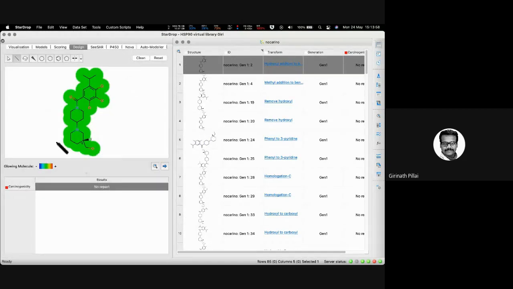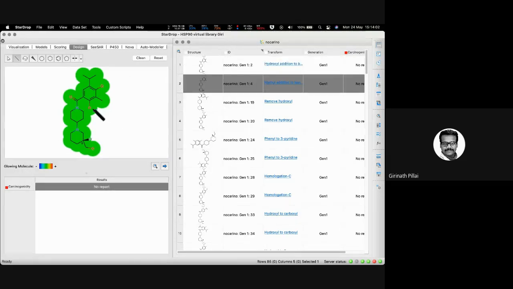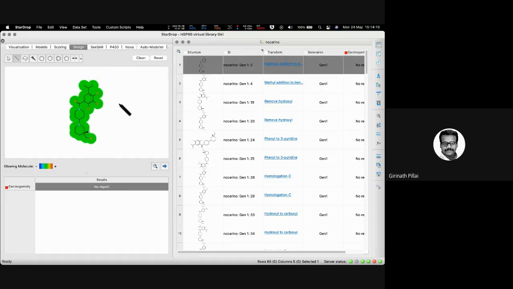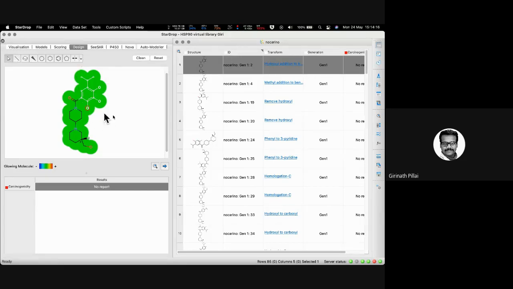There's no carcinogenicity here. This compound, no. I just changed only this region, okay? Keep that in mind. Let me do that again. I made changes only to this region, wherever I have selected, okay? Only this highlighted white region I managed to change. The rest of the region is untouched.